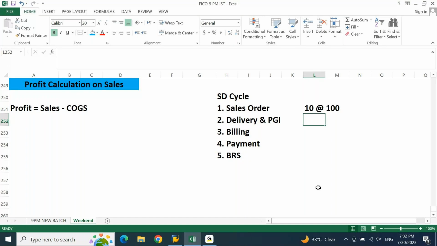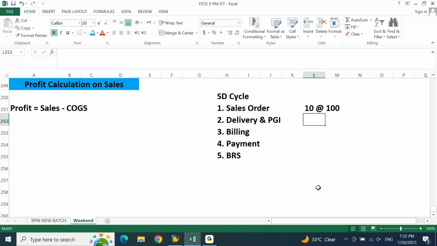Now, whatever the quantity amount that I mentioned in the sales order, is this reflecting my delivery or is this reflecting my invoice or billing? Sir, cost of material will be a delivery. The amount I'm talking about, 10 at the rate 100, is this the value of my delivery or the value of my bill invoice? Billing only, sir. The invoice value.